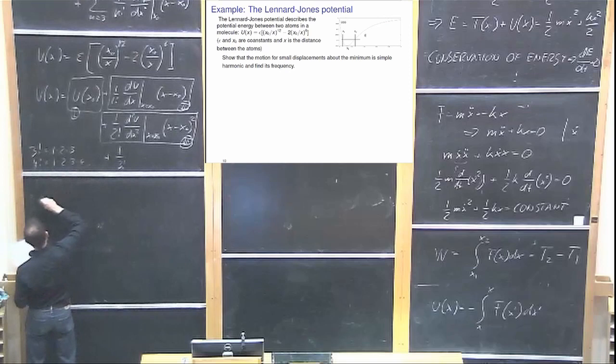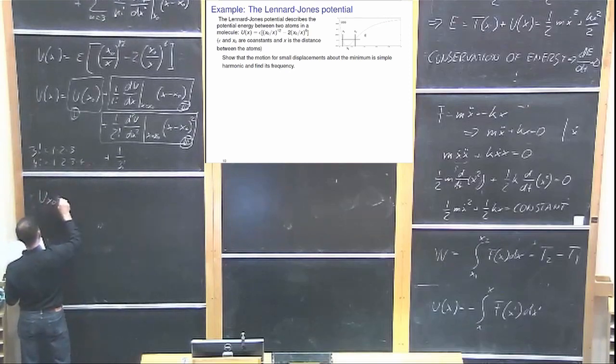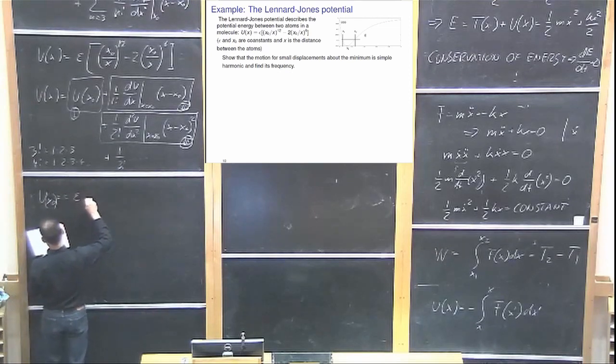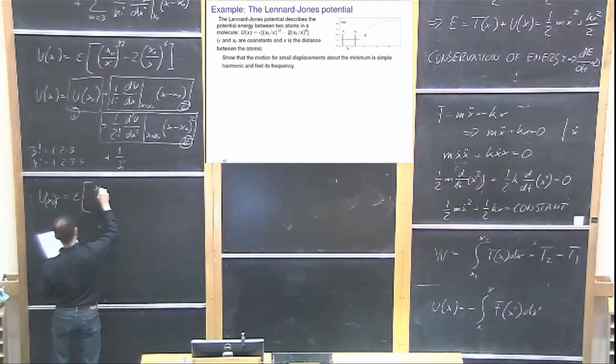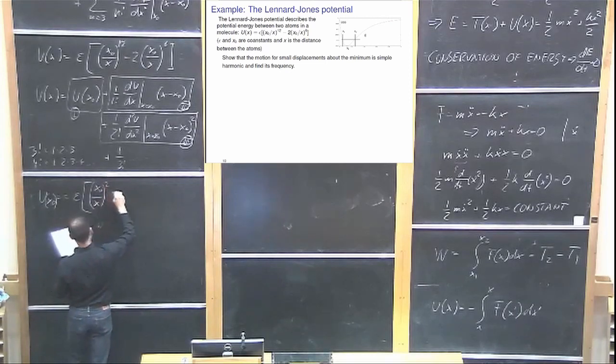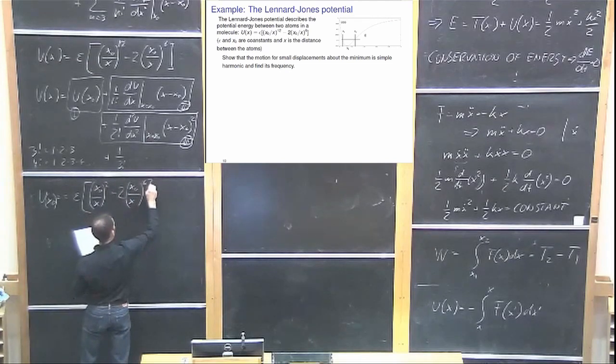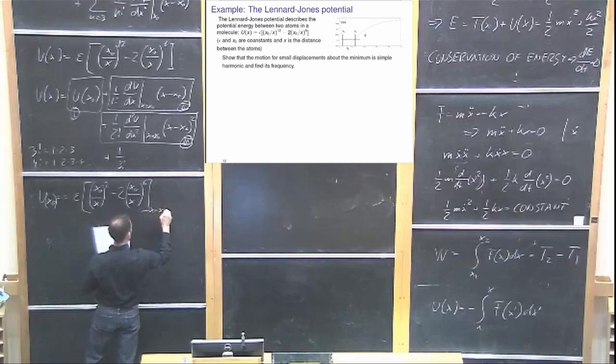So the first one is the easiest one. U(x naught) equals epsilon times x naught over x to the 12th minus 2 x naught over x to the 6th, evaluated at x equals x naught, which equals minus epsilon.